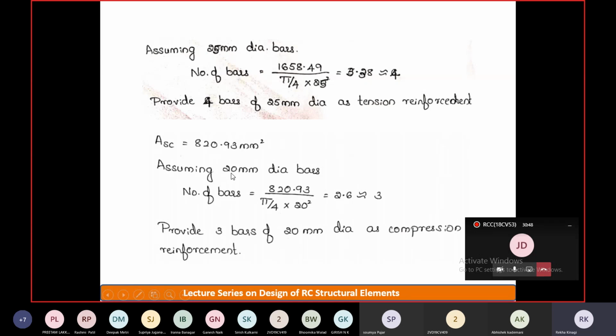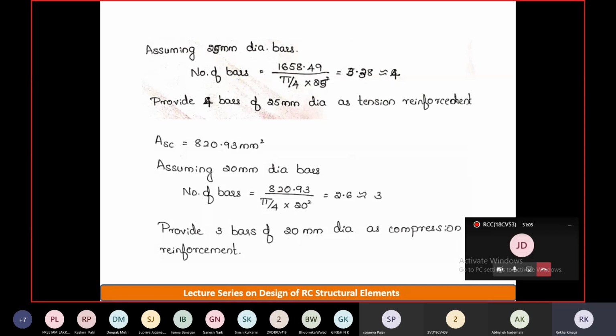Again we need to assume some diameter of bar and calculate the number of bars. So assuming 20 mm diameter bars, we are getting the number of bars equal to 2.6. That is, we are going to round it off to the next higher digit.